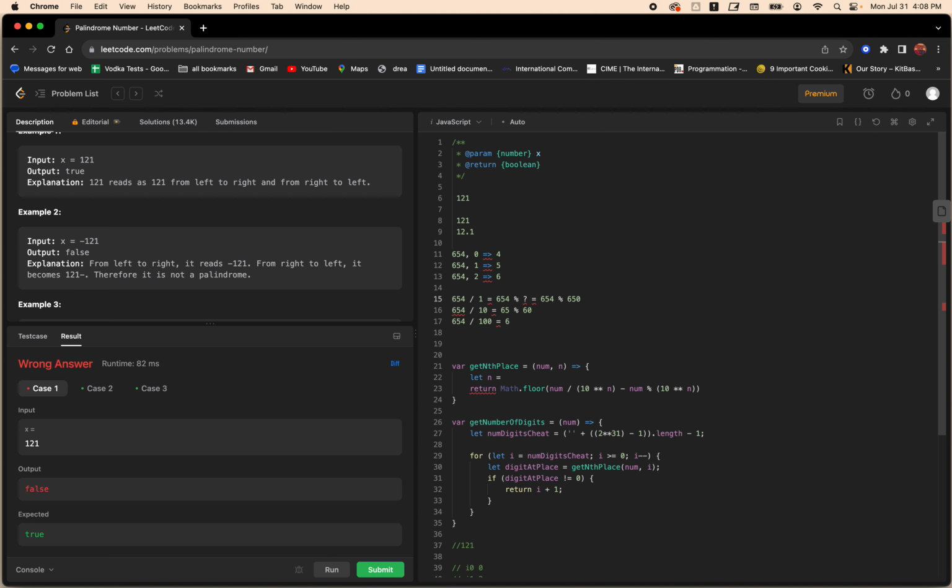What is that number? Or is it just modulo 10? 65 modulo 10.